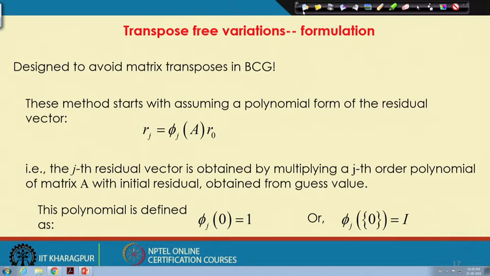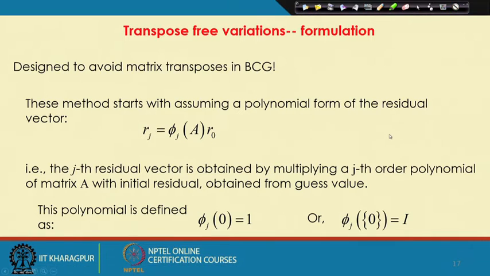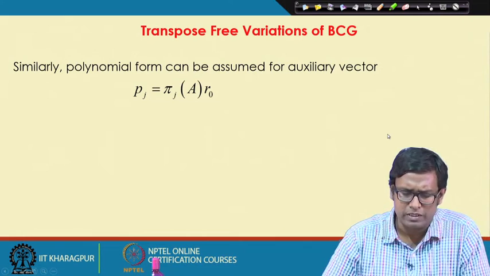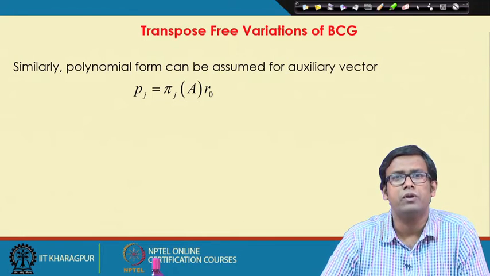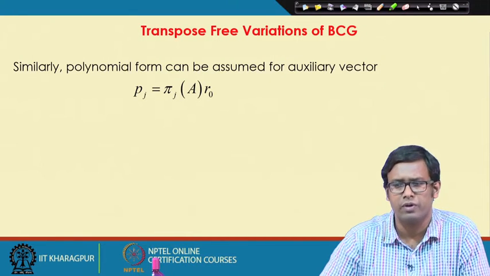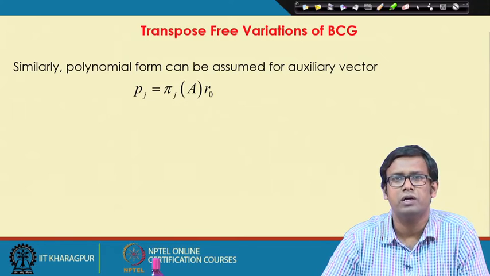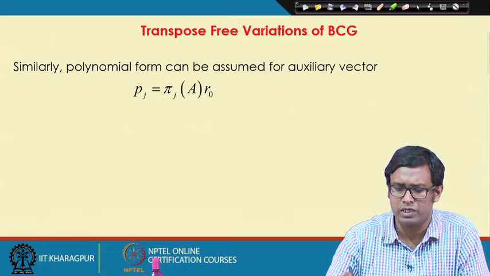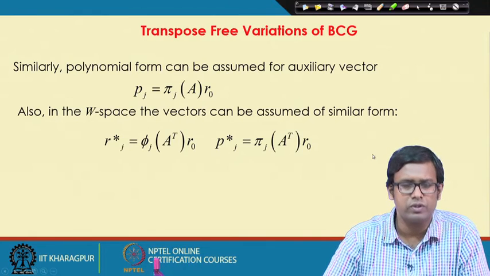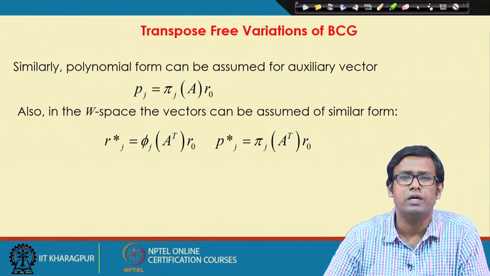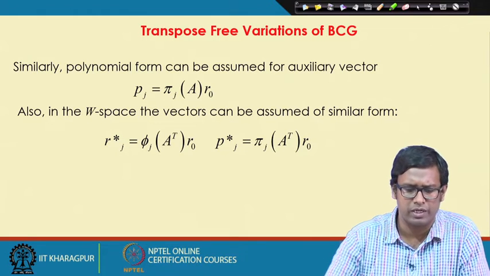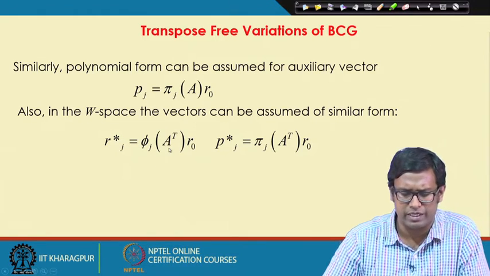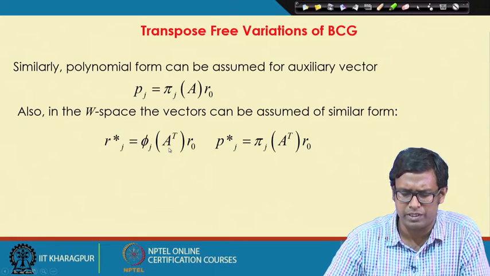So, now what is done is that similarly polynomials can also be assumed. Earlier we saw we are assuming a polynomial form for the residual vector. Similarly, we can assume a polynomial form for the auxiliary vector also. Also in the W space or the A transpose space, vectors can be assumed of similar form, that Rj star is phi j of A transpose R0 star and Pj star is pi j of A transpose R0 star.